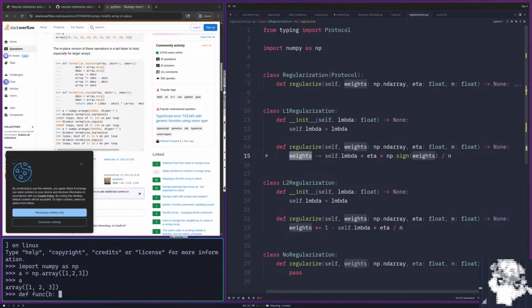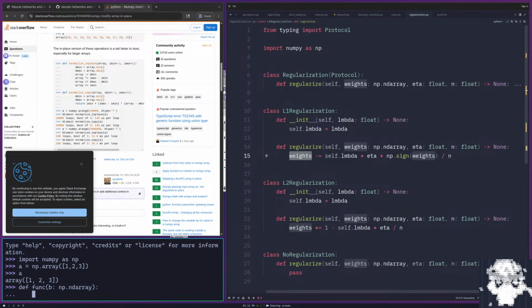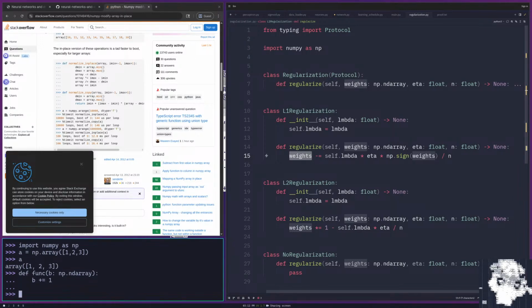It takes an argument called b, that's an np.ndarray, that does b plus equals 1. Call func on a, and then print a. Call func on a again. Okay, so it does modify them in place the way we want.